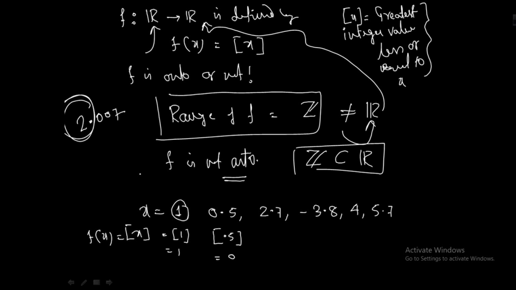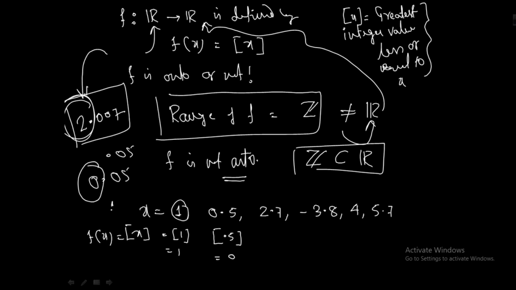That means this function maps any real number to its integral part. So if a number is 0.05, the integral part will be 0. That means this function maps any real number to its integral part, if the real number is positive.